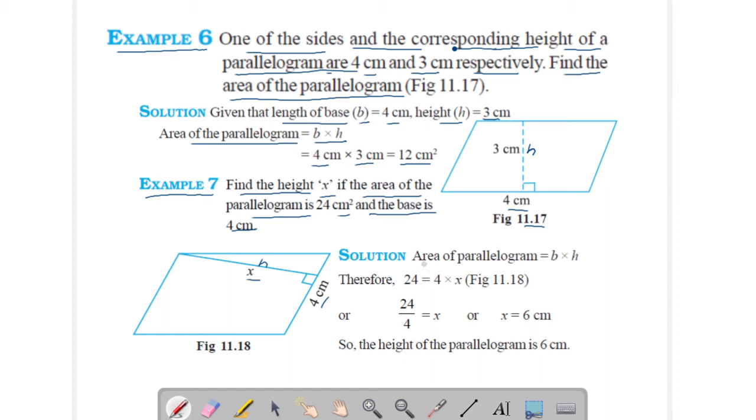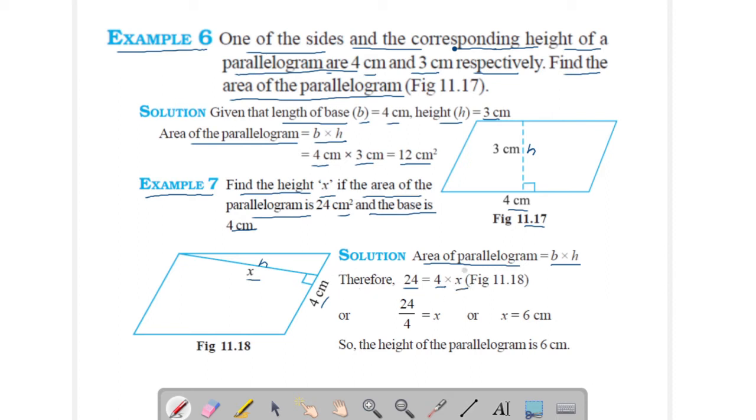The area of a parallelogram is given by base into height, that is b into h. Here the area of the parallelogram is 24 centimeters square. So simply write 24 equal to base, it is 4 centimeters, and height, it is x.